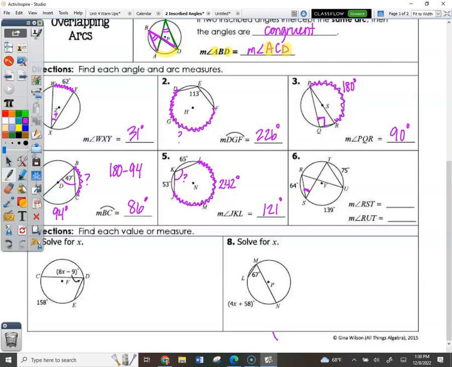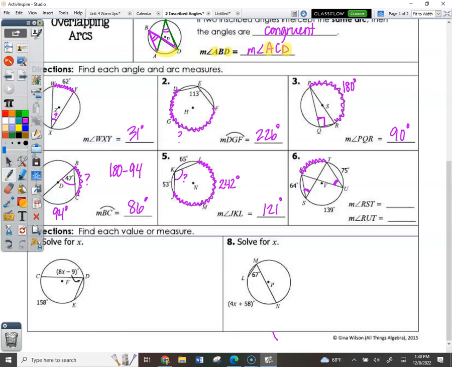Now find the measure of angle R, U, T. R to U to T is here. But what do you notice about both of those angles? Think of two spotlights. Those two spotlights are both shining to arc RT. That means the angles have to be equal. So once we know the arc, then we know the angles.